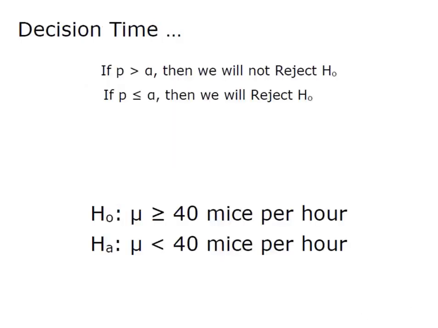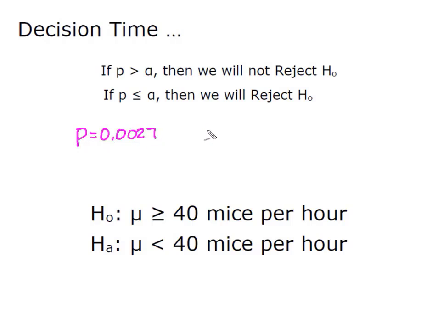Remember that under a p-value approach, if our p-value is greater than alpha, then our decision will be do not reject H0. But if p is less than or equal to alpha, then we will reject H0. Remember, when p is low, H0 must go. So I had a p-value equal to 0.0027.